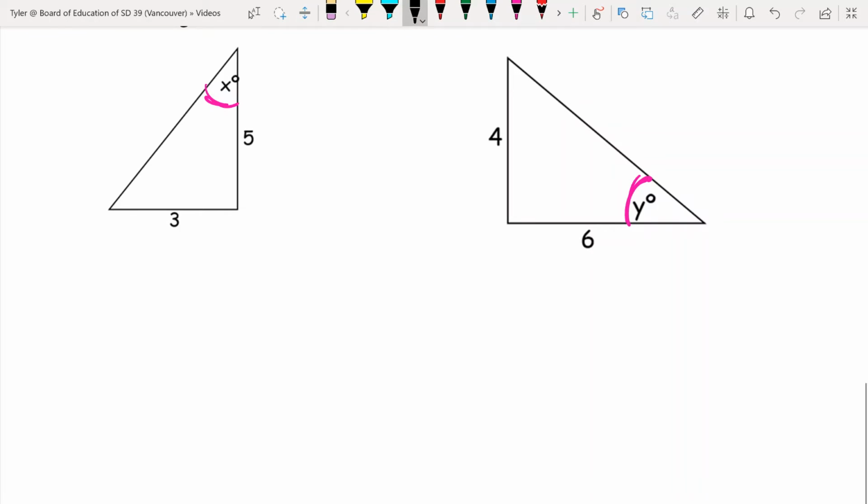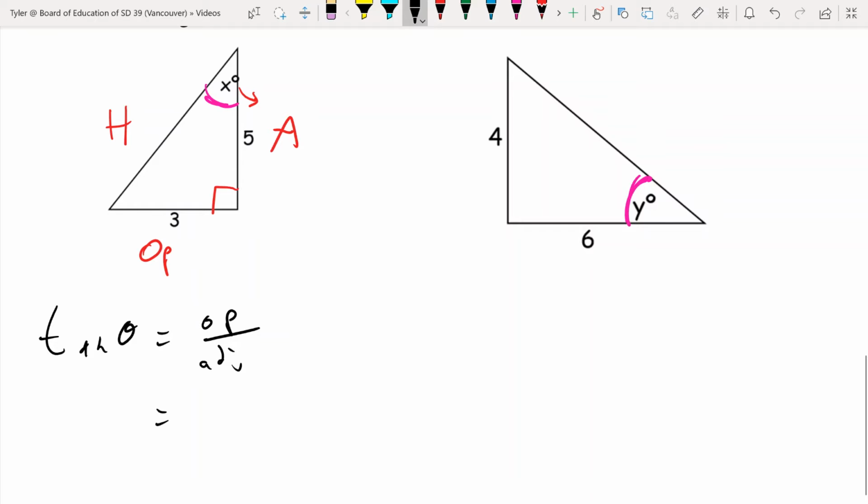So I'm going to write this out. The first thing I'm going to do is label the sides. I know this is the right angle, so this is the hypotenuse. This is the adjacent because it's beside X, and this is the opposite over here. I'm going to write out tan theta equals opposite over adjacent. Then I'm going to sub in the numbers, so I have 3 over 5.